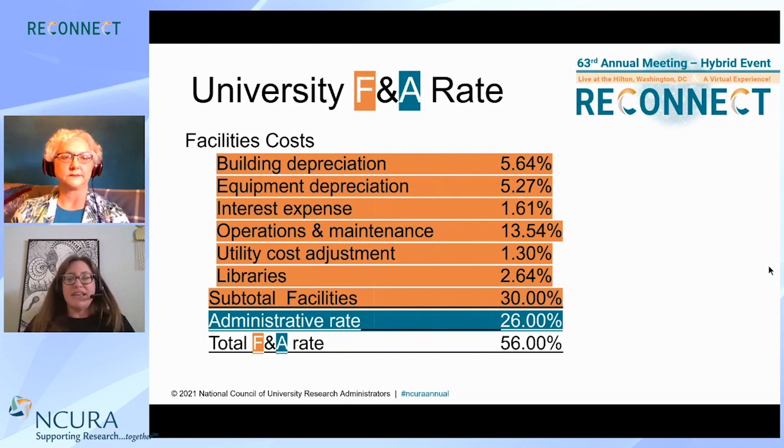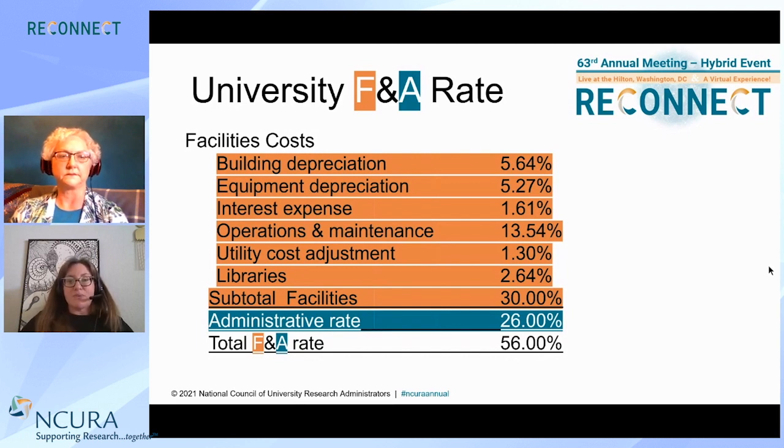So what you're seeing here in the orange are the costs that go into the facilities, those averages for facilities. And then in the blue, you see the administrative rate. And in this example, you don't see that buildup, what all went into that administrative rate. The reason we don't show that is because typically for institutions of higher education, the administrative rate is capped at 26%.